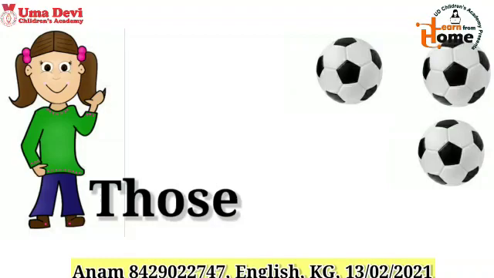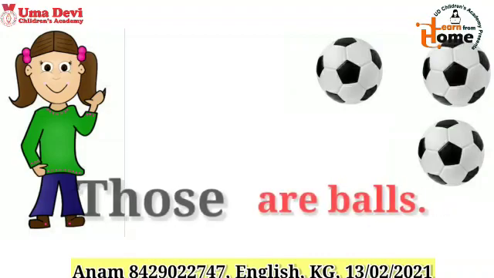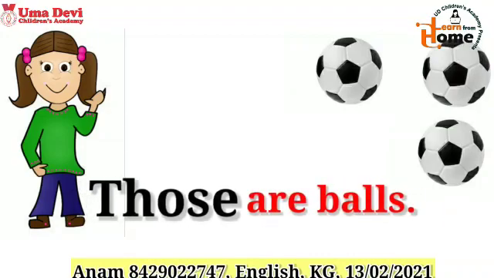We use the word those to describe the objects which are not near to us. You can see here that these balls are far from the girl. So you will use those. You will say those are balls.